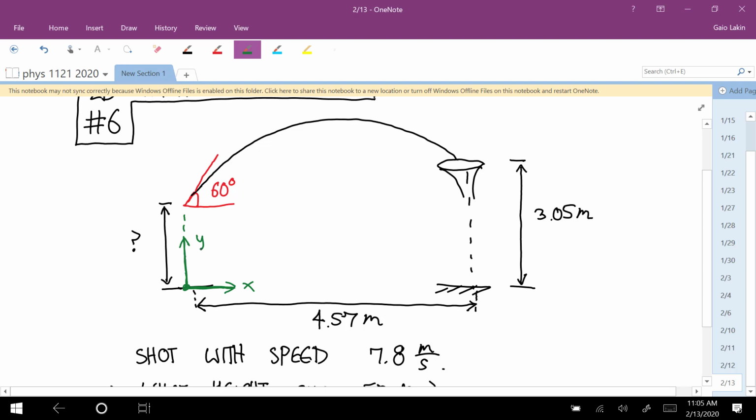Putting the origin on the ground in this problem also has the advantage that, since it deals with heights, the y position is just going to represent the height at any instant.